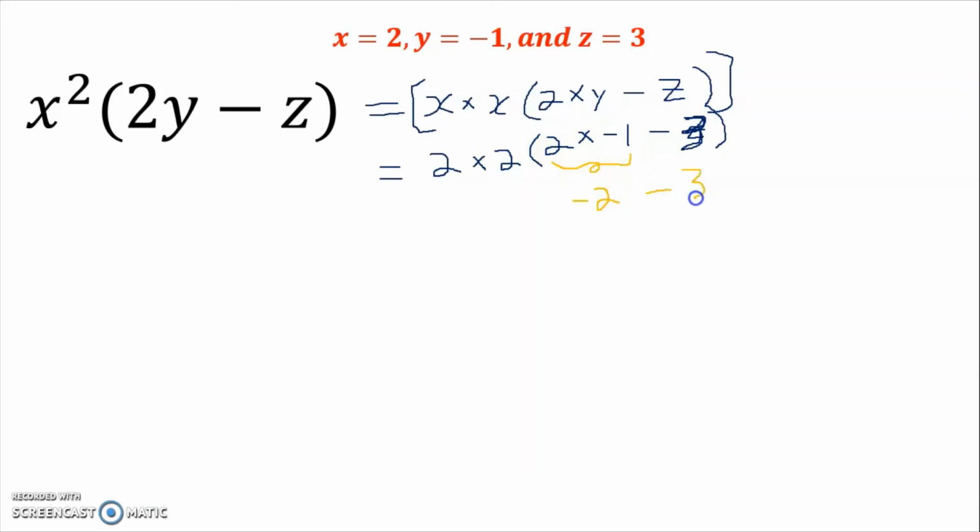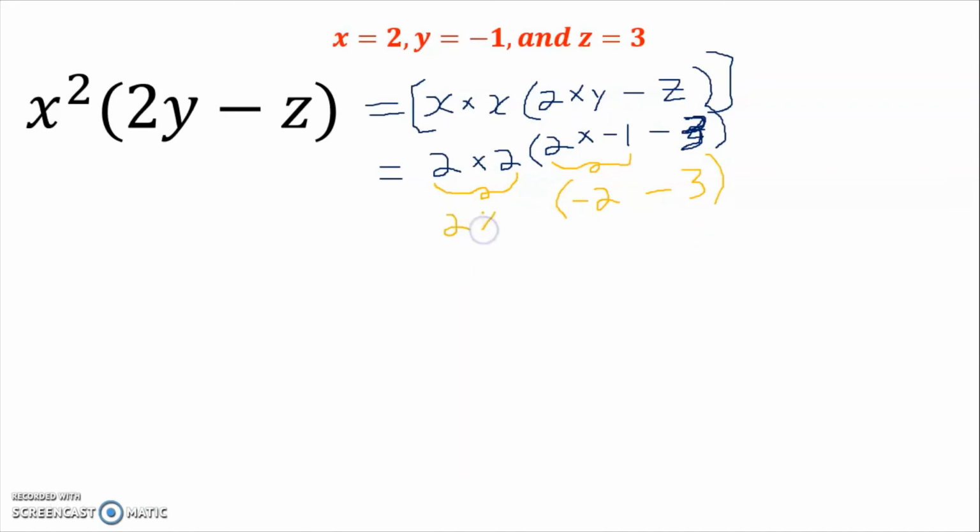Subtract 3, and we have to put back the bracket because we have to work out that first. Then this here, 2 times 2, let's bring it down.